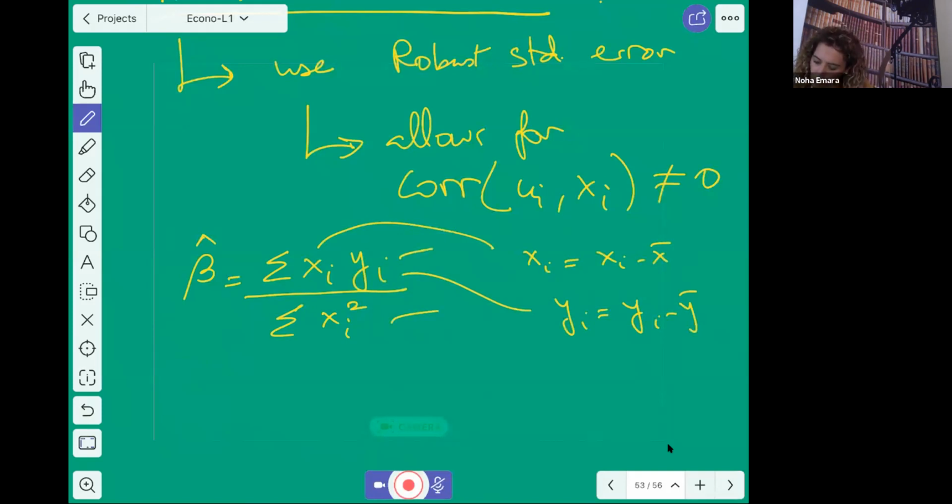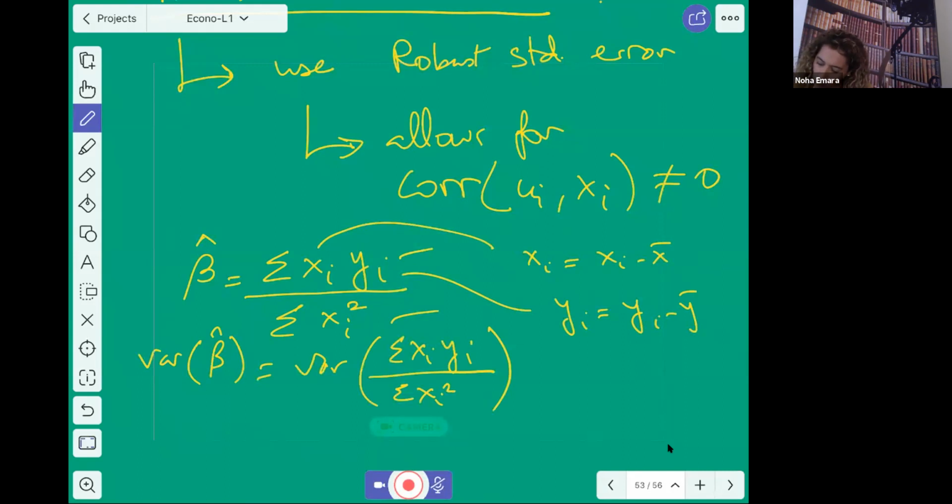So what is the variance of beta? It's equal to the variance of this whole thing. Then you take this outside the variance operator, so it's going to be equal to the sum of xi squared times the variance of ui over the sum of xi squared, whole squared.